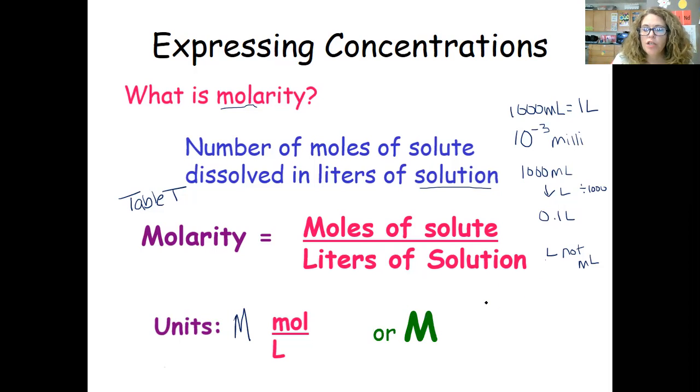Capital letter M. So I'm just going to write down over here, if I have, let's say, a 0.2 molar solution, and I'm going to say versus a 2 molar solution, one is concentrated and one is dilute. So which one is concentrated and which one is dilute? Right, dilute means weak. 0.2 is smaller than a 2. So then we're going to call this dilute, and then we're going to call this one concentrated.